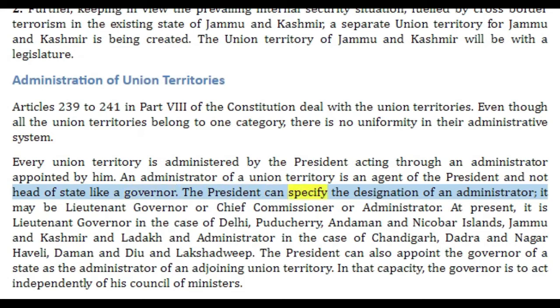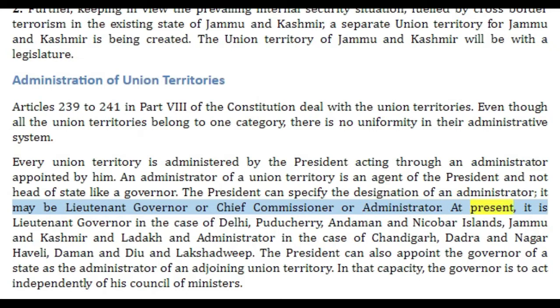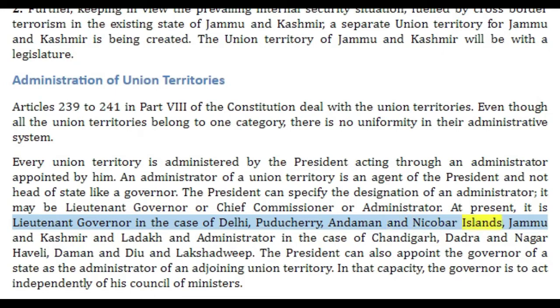The president can specify the designation of an administrator. It may be lieutenant governor or chief commissioner or administrator. At present, it is lieutenant governor in the case of Delhi, Puducherry, Andaman and Nicobar Islands, Jammu and Kashmir and Ladakh, and administrator in the case of Chandigarh, Dadra and Nagar Haveli, Daman and Diu and Lakshadweep.